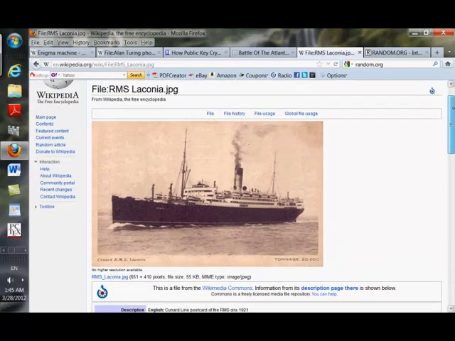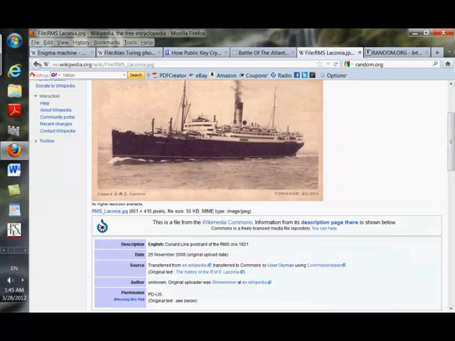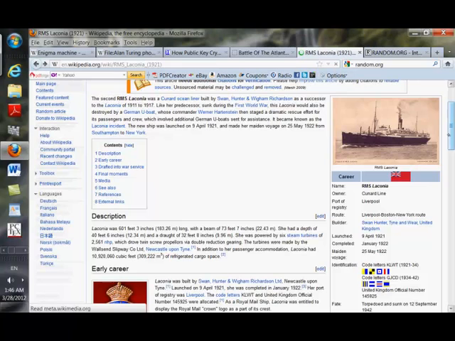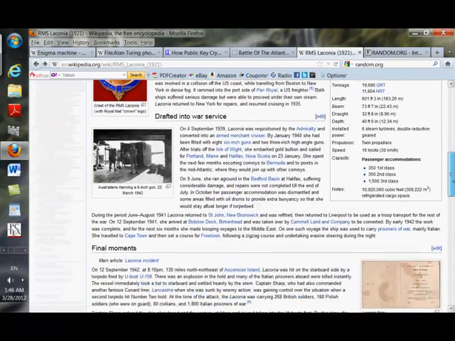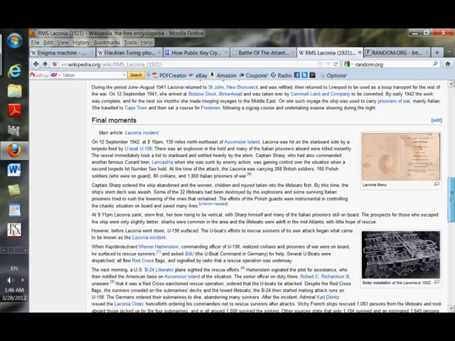by, I think, U-boat 105. We ought to give the credit here. U-boat 156 torpedoed Laconia.